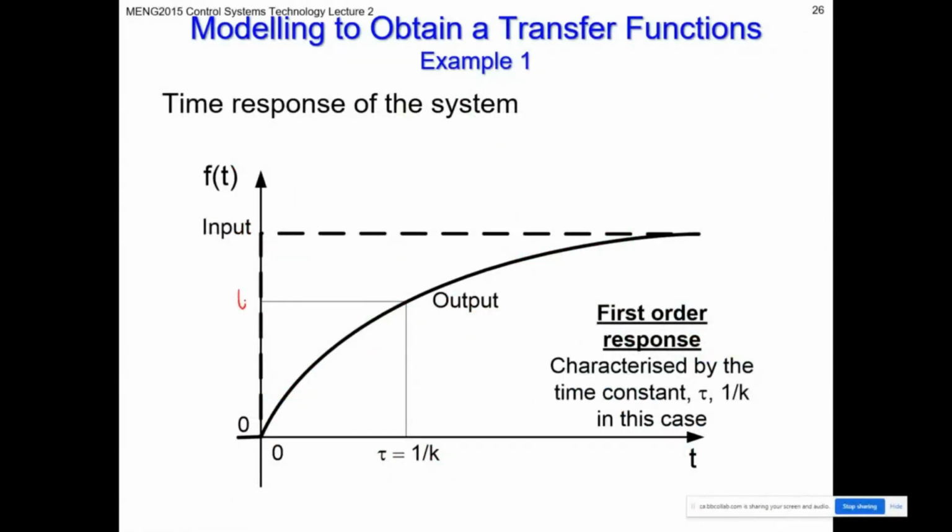And that output is basically 63% of your final value. So that's a special condition where time equals 1 upon k, and we call that time that it takes to get there the time constant. And so the time constant of this system is 1 upon k. So a first order system is defined or characterized by its time constant.